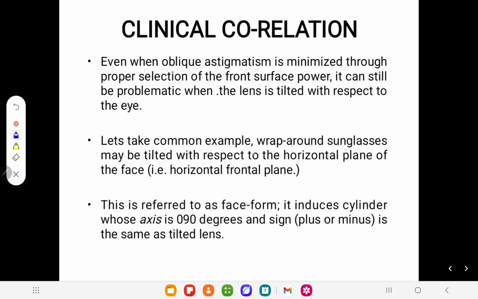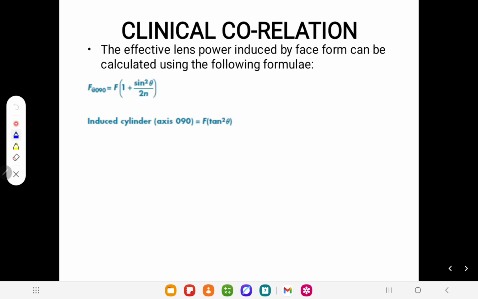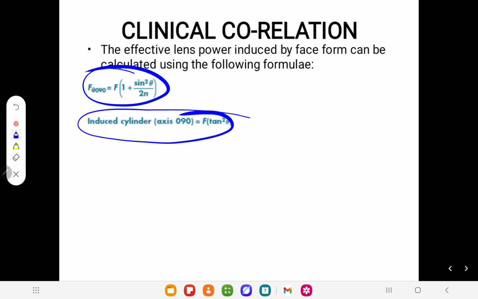A common example is wrap glasses, dihedral angle, and another is definitely pantoscopic tilt. This is one of the formulas you can use to compare how oblique astigmatism plays its role. This second formula is most important, because it gives you the idea: if we tilt the lens by theta degrees, and the power is spherical F, how much cylinder is induced?